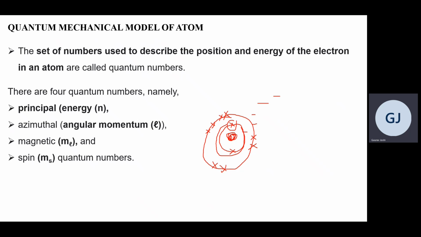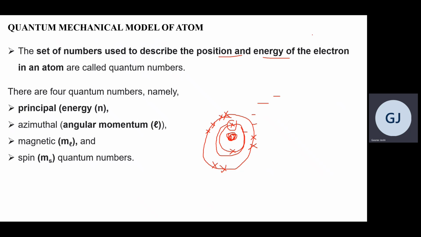As the electron is closer to the nucleus, it experiences more force, so there will be high energy, and as the electron gets far away, the energy will decrease. So the quantum numbers tell about the position and the energy of the electron in an atom.